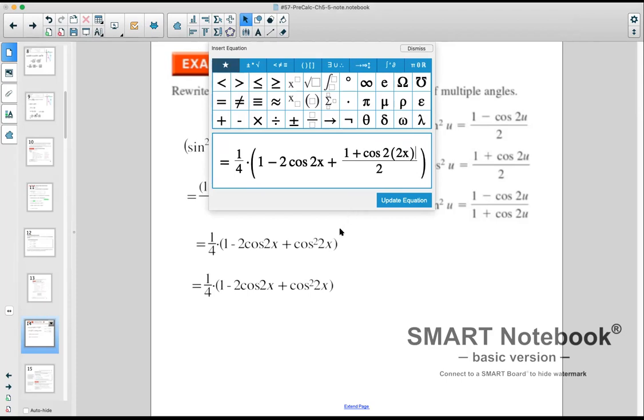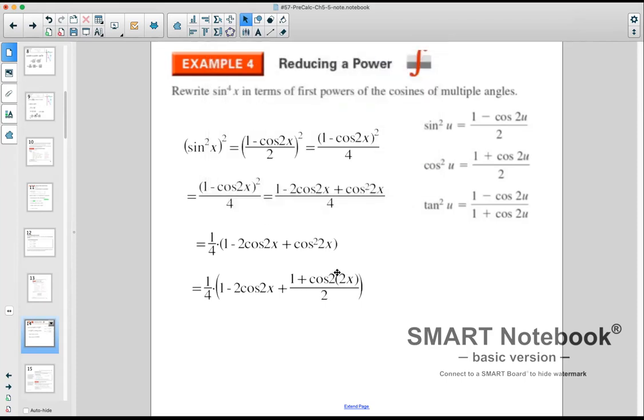This one you can multiply here, but the square somehow doesn't work. So I think this one can become 4x. Let me double check. Yeah, I think so.